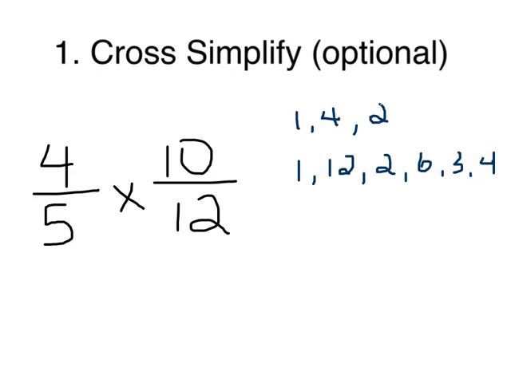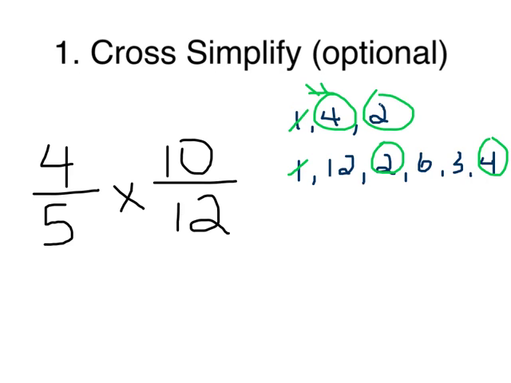Those are the numbers that multiply together to get 12. So I can easily see that my common factors are, we're not going to consider 1, because anything times 1 is 1. It won't be reduced. I can see that there's 4, and I can also see that there's 2. I'm going to want to use the highest or the greatest common factor, which is 4.